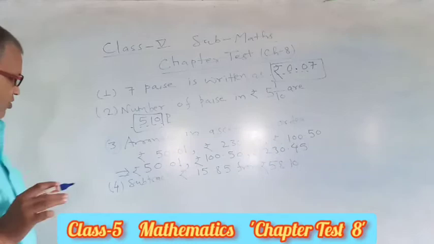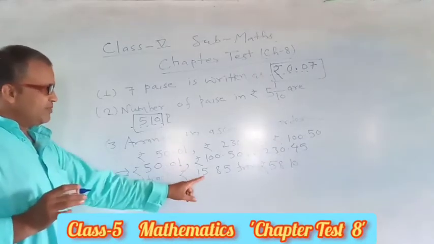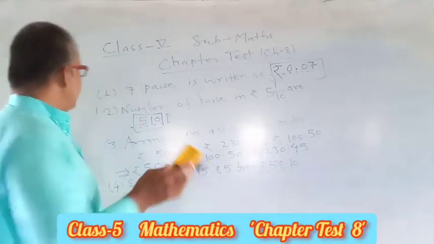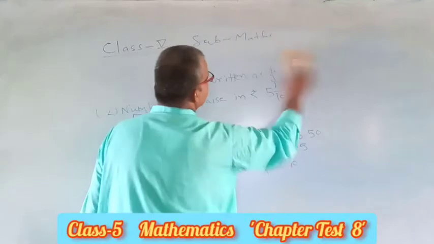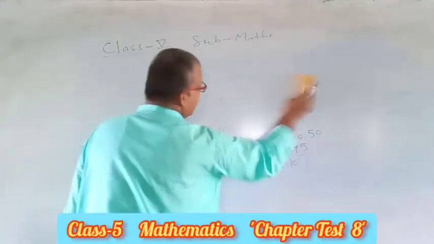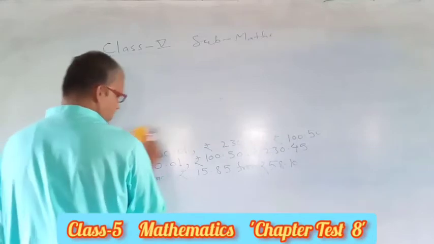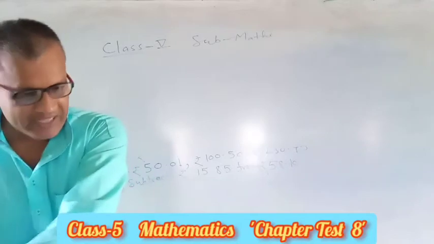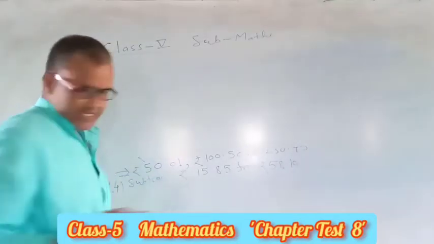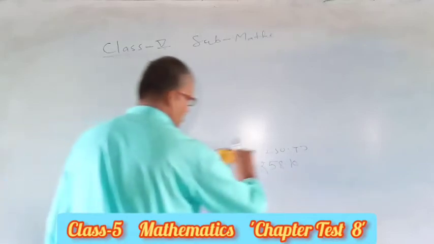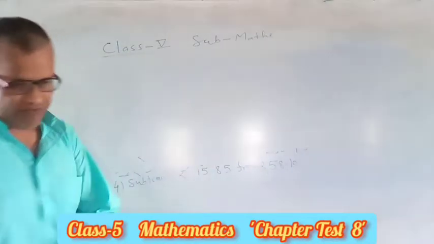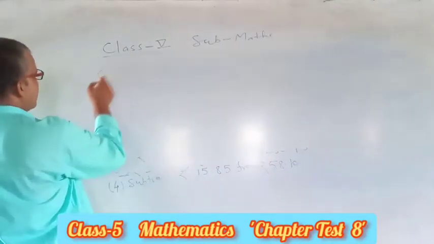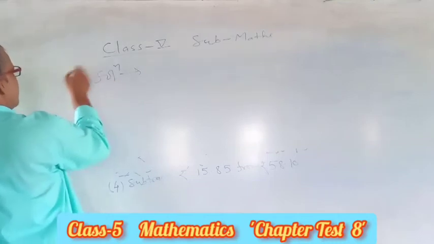Now question number 4. Subtract rupees 15.85 from rupees 58.10. For this we have to arrange the numbers at first in column method. In column method, the greater number is written on the upper side. Here, after 'from' is given the greater. So we write here the solution of question number 4.